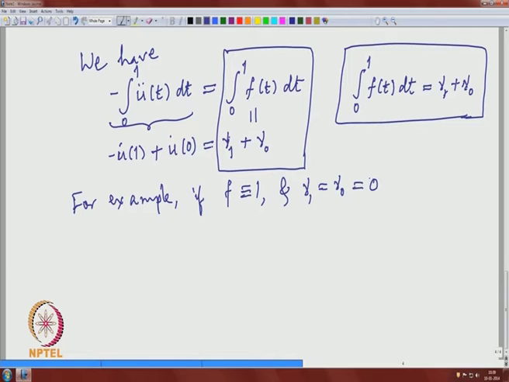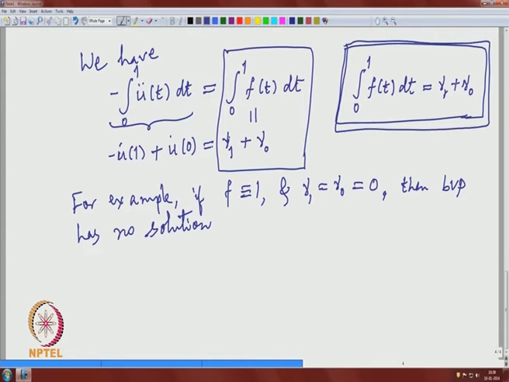So, more generally gamma 1 plus gamma 0 is 0, then this condition is not satisfied, then the BVP has no solution, because this condition is violated. On the left side you get 1 and the right hand side you get 0. So, that is violated. So, there are no solutions.